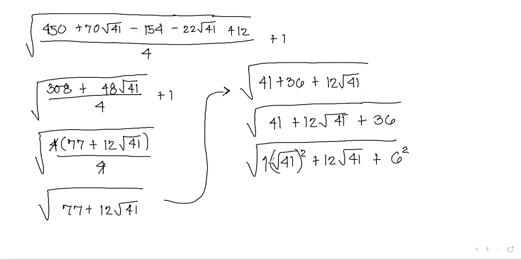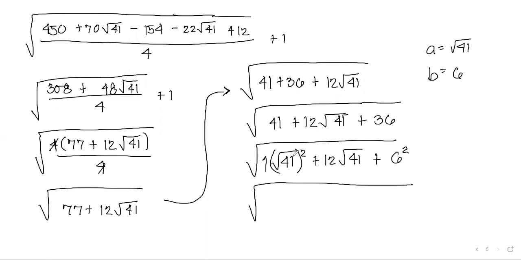Okay, so parang familiar yung structure niya, di ba? A squared plus 2ab plus b squared. Di ba? A squared, which is ito. A natin dyan ay square root of 41. Tama? Tama ba? Yeah. Tapos yung B natin dyan ay 6. Tama?